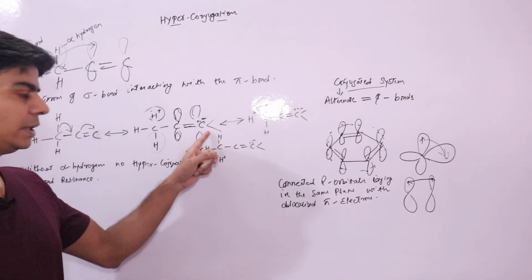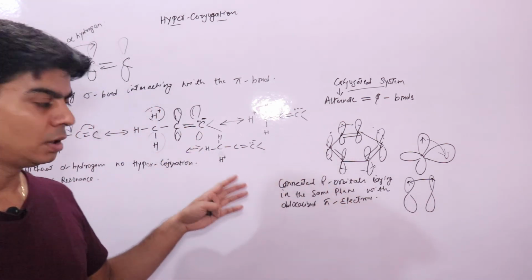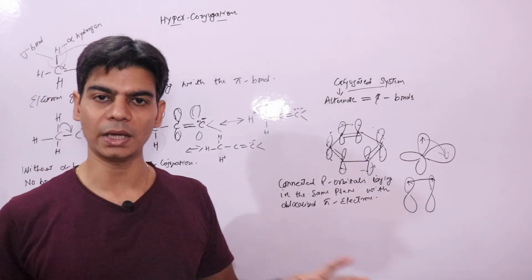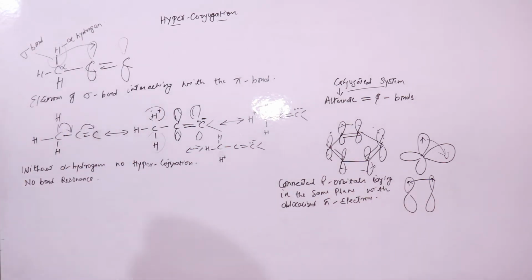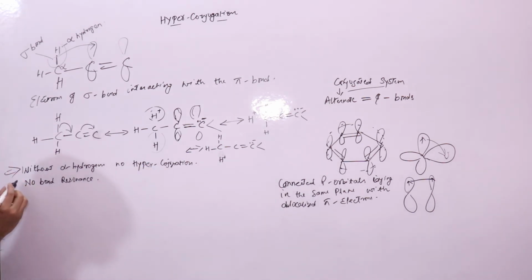You have a negative charge here now. A reagent can easily attack this molecule because it is polarized due to hyperconjugation. Remember the condition that you need to have an alpha hydrogen. This is important, and it is also known as no bond resonance. I hope this is clear.